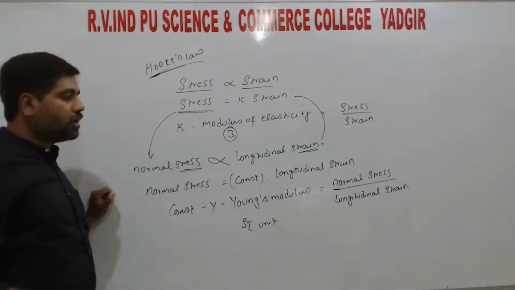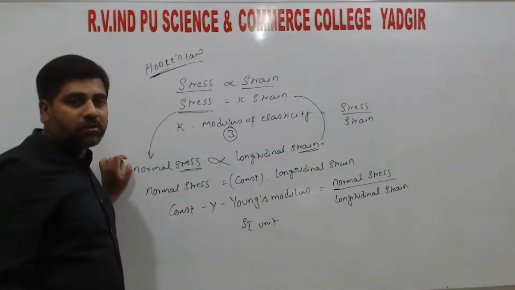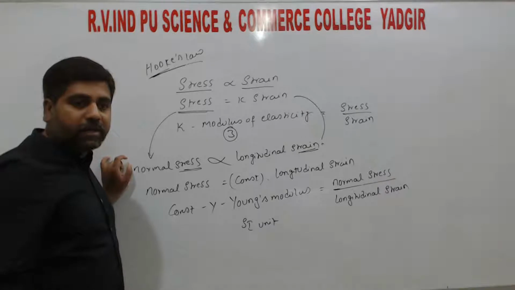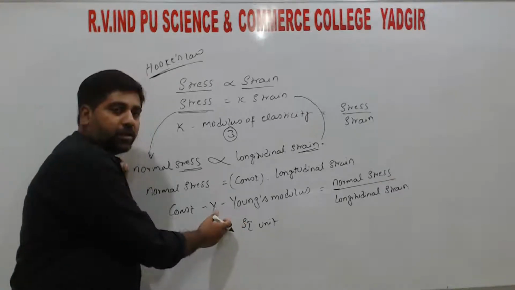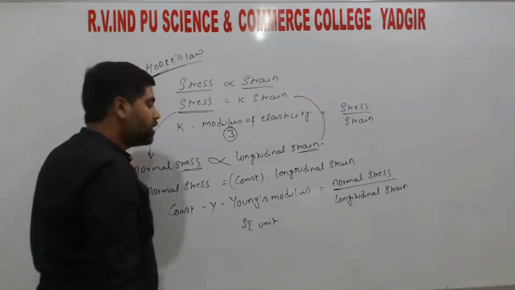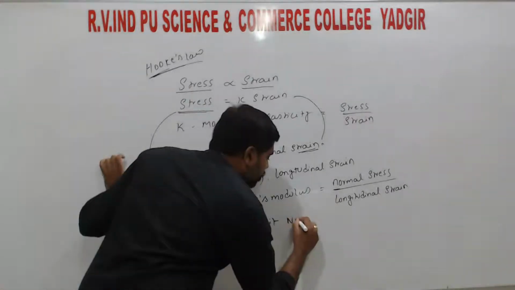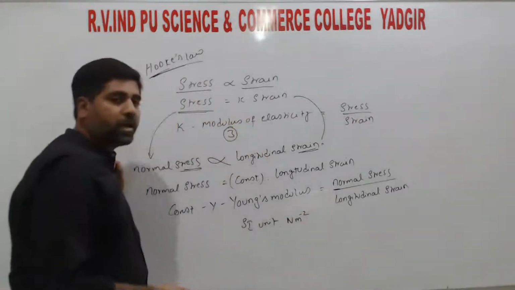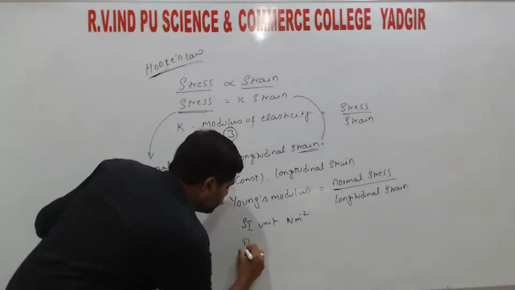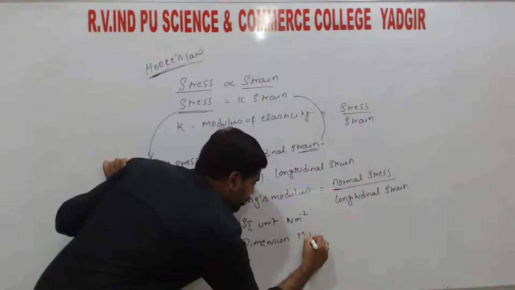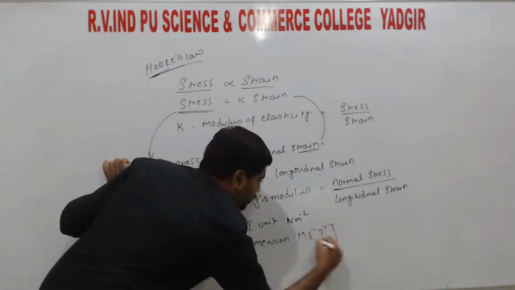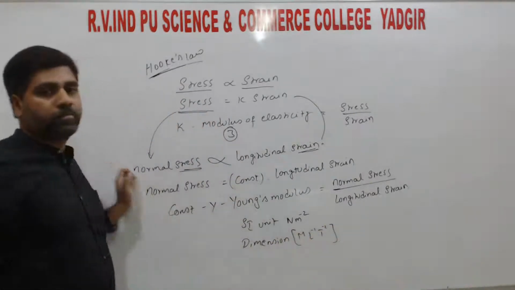In our syllabus only Young's modulus and bulk modulus are mentioned, so you need to know the SI unit and the dimension. SI unit is Newton per meter square, and the dimension is M L power minus 1 T power minus 2.